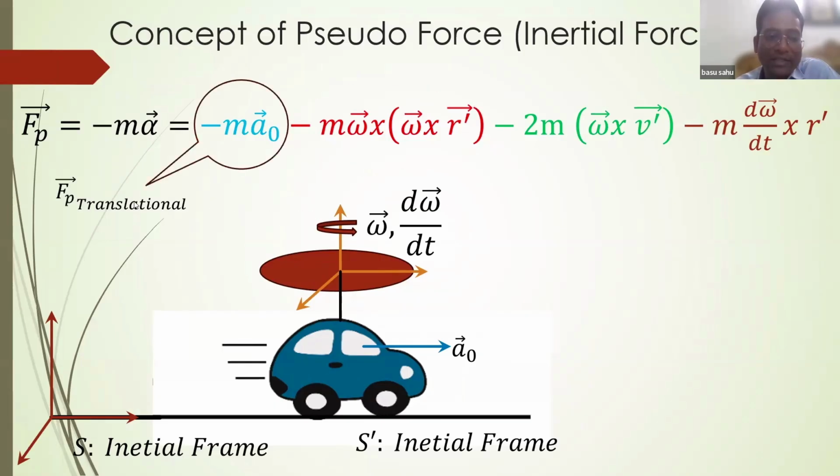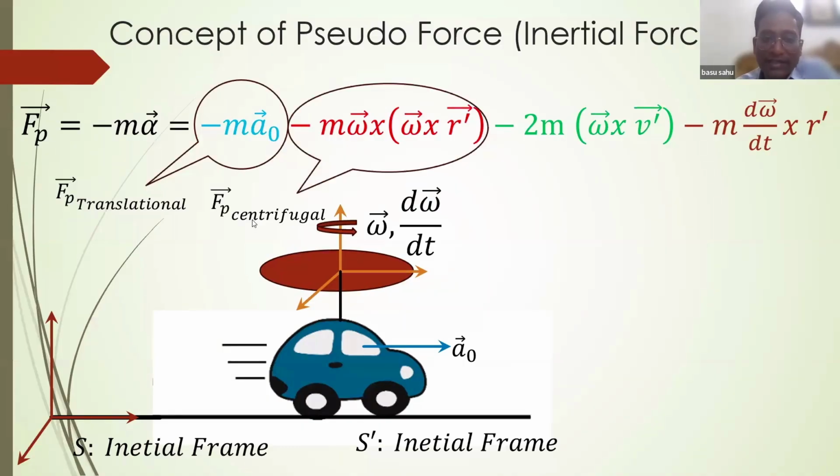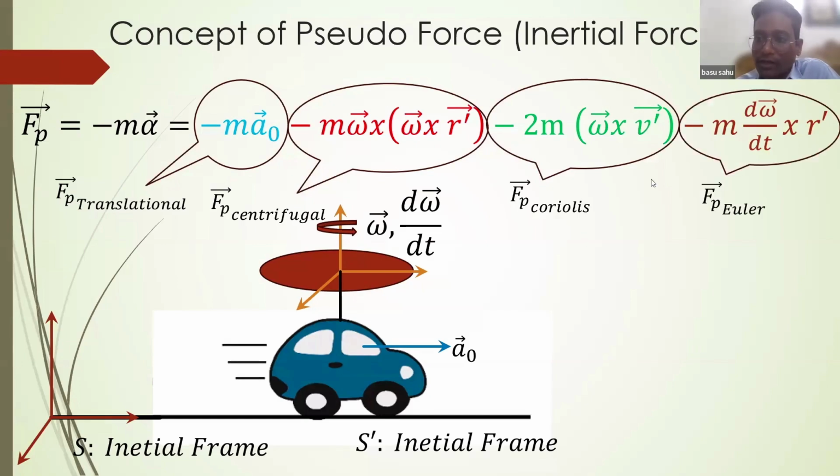The first one is known as the translation pseudo force, the second is the centrifugal force, the third is the Coriolis force, and the fourth is the Euler force. The Euler force comes into play only when d omega by dt is not zero, that is, whenever omega is not constant. Whenever the point of the axle is translating with respect to the inertial frame, this translation force will come into the picture.